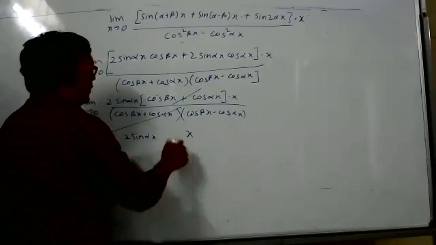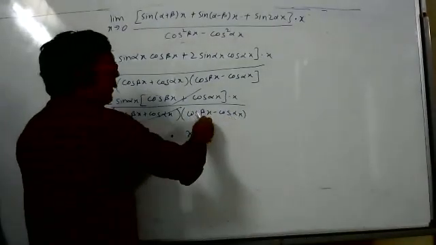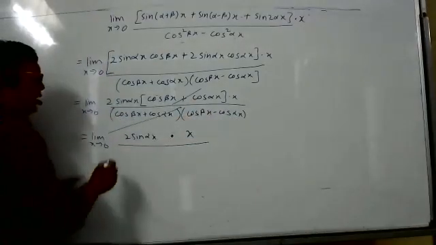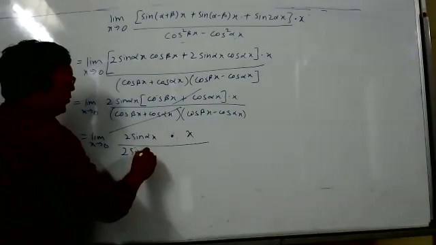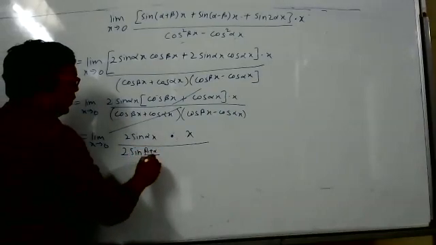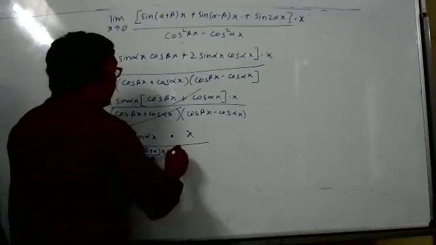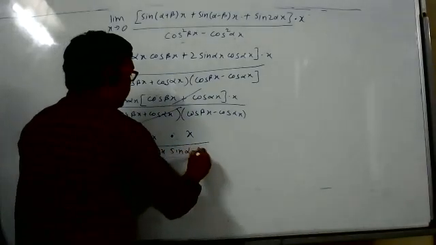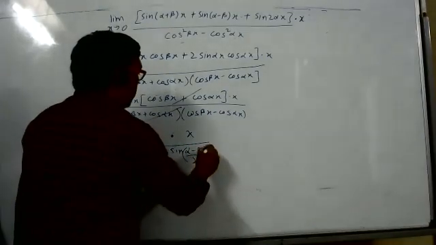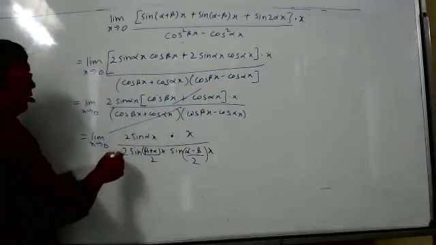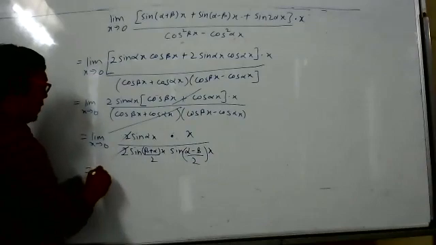Don't get confused. This is into x by, and here we will use the CD formula, cos C minus cos D, which is 2 sine of (C plus D) by 2 and sine of (D minus C) by 2. This way also we can do; all of you should know. Now we will deal with them separately. We know one formula.